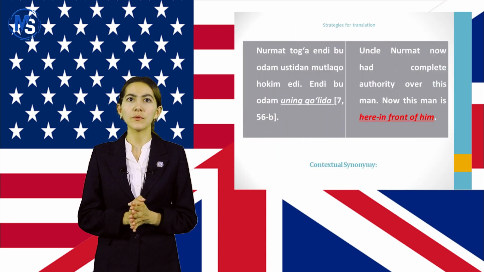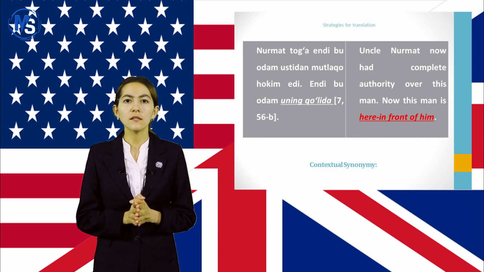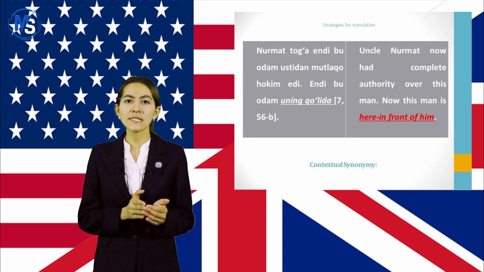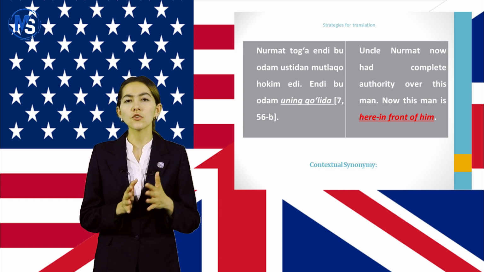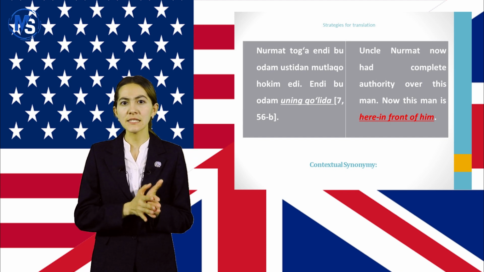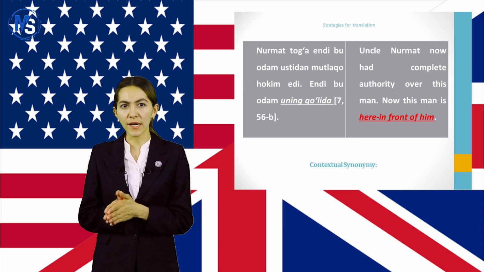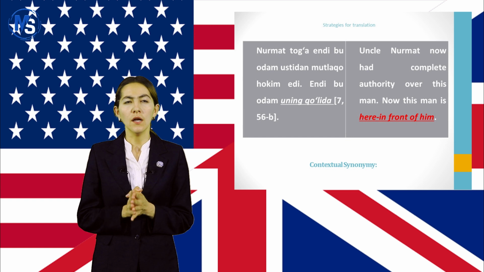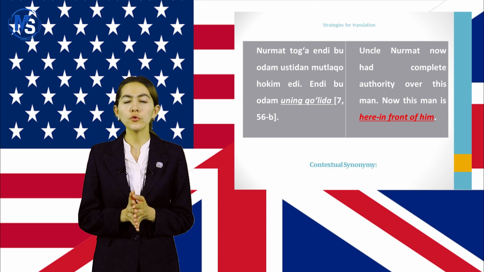The next strategy is contextual synonymy. In the contextual synonymy strategy, the translator can translate the synecdochal sentence with the help of other expressions in the target language. For example: Nurmat tog'a endi bu odam ustidan mutlaqo hokim edi, endi bu odam uning qo'lida.